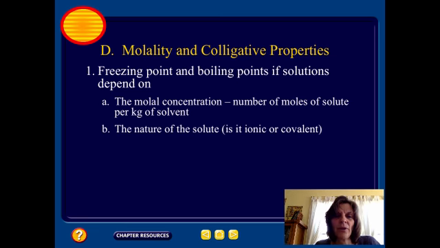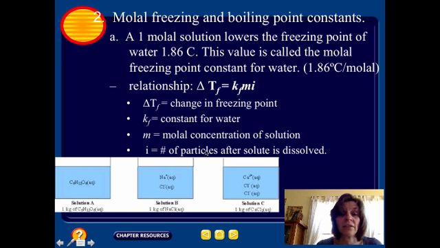So freezing point and boiling points depend on the molal concentration, which is moles of solute per kilogram of solvent, and the nature of the solute, whether it's ionic or whether it's covalent. They also depend on the molal freezing and boiling point constants. A 1 molal solution lowers the freezing point of water always 1.86 degrees Celsius.